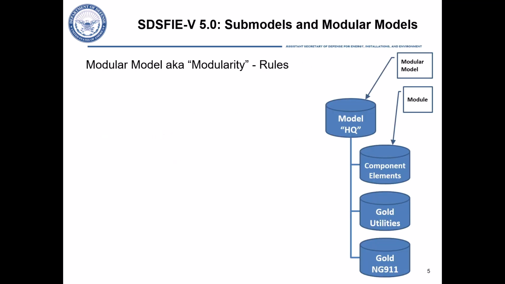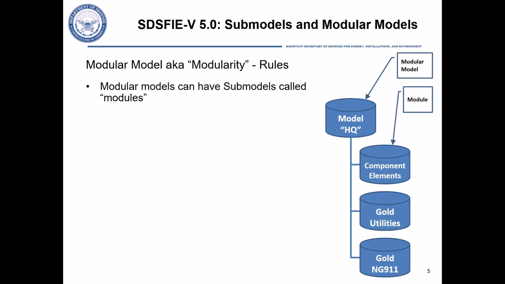A model is the most fundamental SDSFIE-V element. It can, from a component perspective, be defined as a set of elements that define all of the content required to represent an adaptation. The 5.0 model introduces the capacity for model modularity with these rules. Modular models can have submodels called modules.